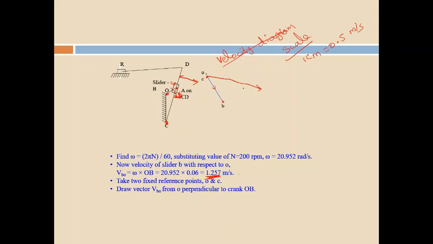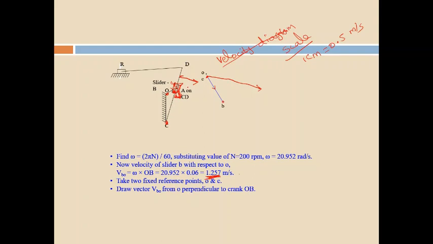Okay, I don't know the length of this line. I am just drawing a vertical line to CD. Okay, right. And on the point B there is a slider A. This slider is sliding on the slotted bar CD.